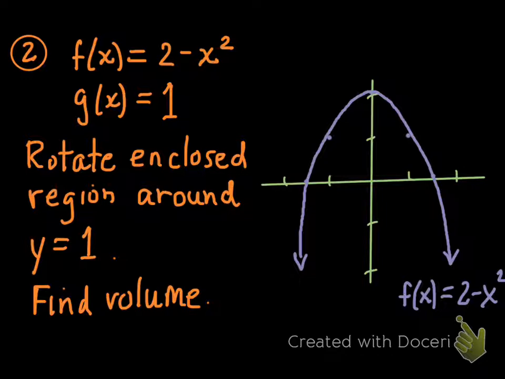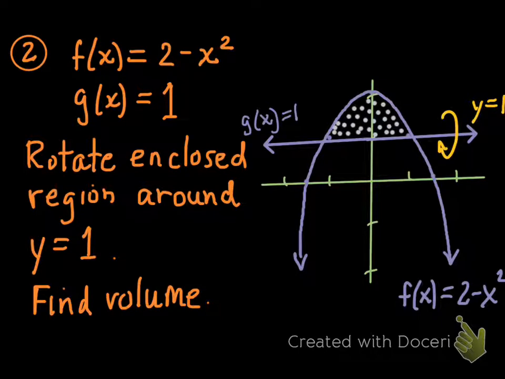Remember, the second curve, y equals 1, is a horizontal line traveling through the y-axis at y equals 1. And you can see the enclosed region here. We're asked to rotate this around the line y equals 1.